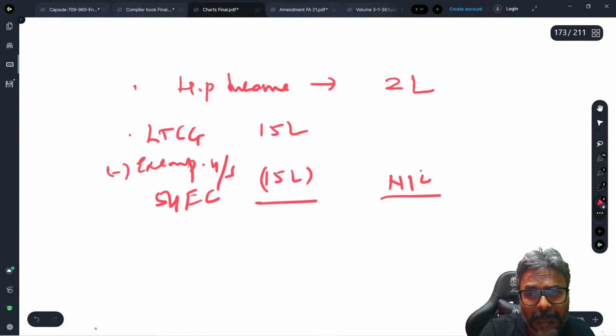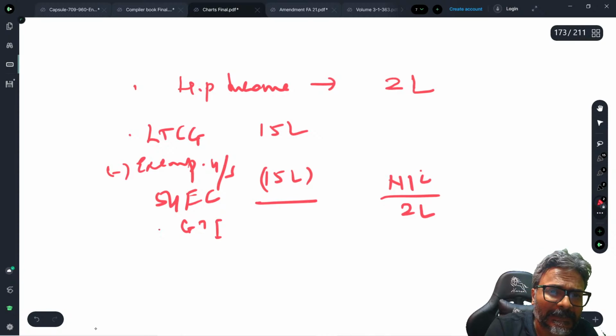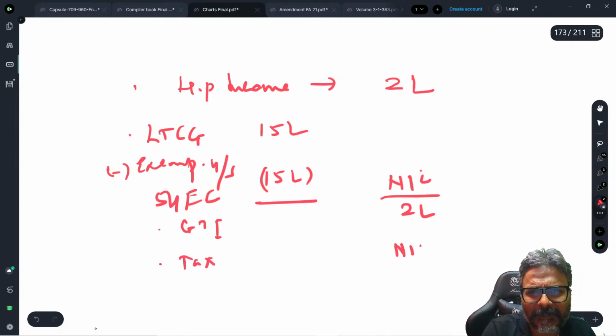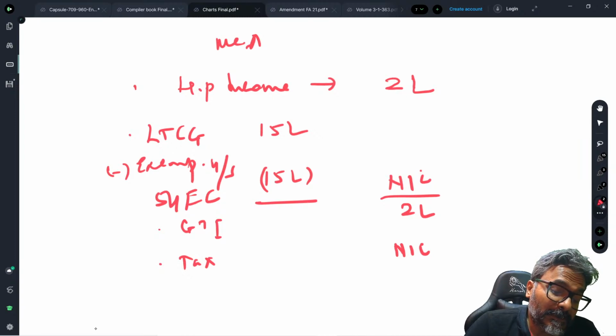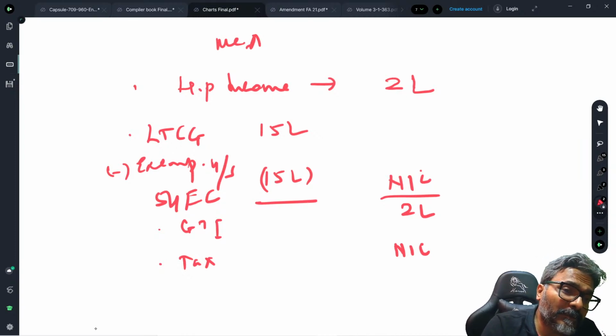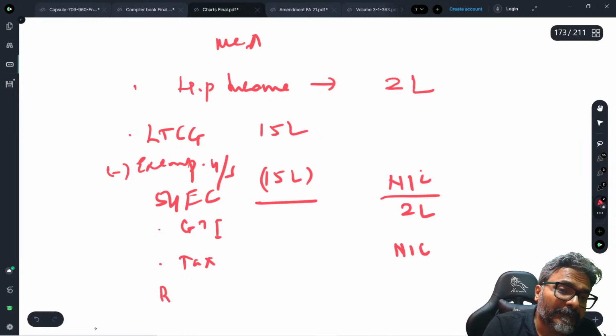This is nil. GTI is 2 lakhs, and there is no chapter 6A, so tax is nil. I am talking about, say, Mr. A. Tax is nil, students. Now with this, will ROI be mandatory for them under 139(1)?